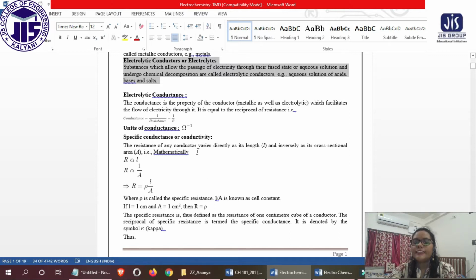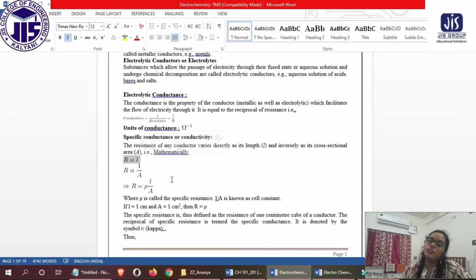Specific conductance or conductivity. The resistance of any conductor varies directly as its length L, and inversely as its cross sectional area A. Mathematically, R is proportional to L. If the length of the substance is long, the resistance will be high.